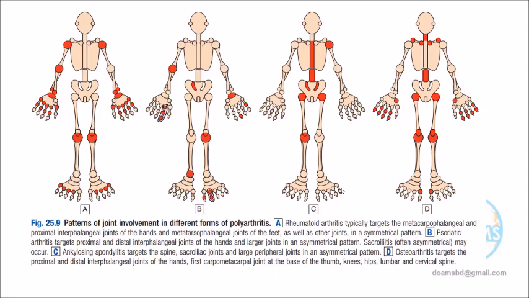C. Ankylosing spondylitis targets the spine, sacroiliac joints, and large peripheral joints in an asymmetrical pattern. D. Osteoarthritis targets the proximal and distal interphalangeal joints of the hands, first metacarpal joints at the base of the thumb, knees, hips, lumbar, and cervical spine.